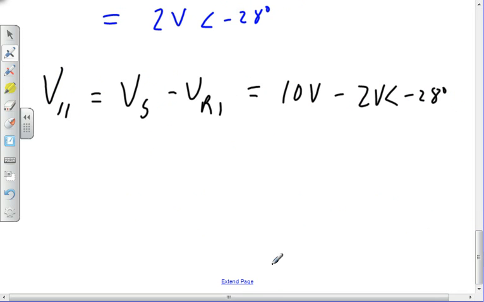Now I can't subtract those, so I'm going to have to put the 2 angle minus 28 into rectangular form. 2, XY key, 28, plus/minus key, change to rectangular form.